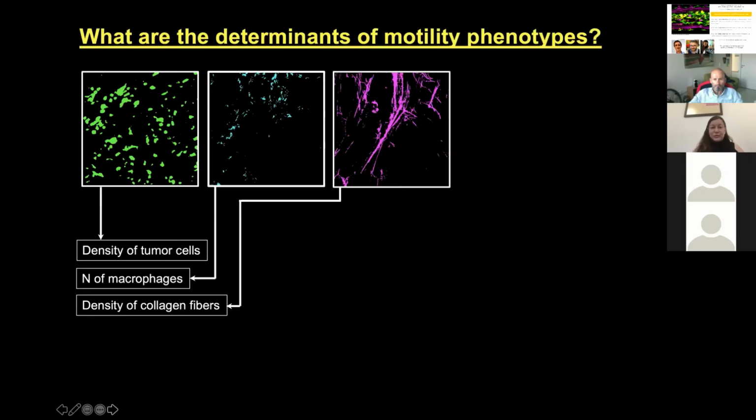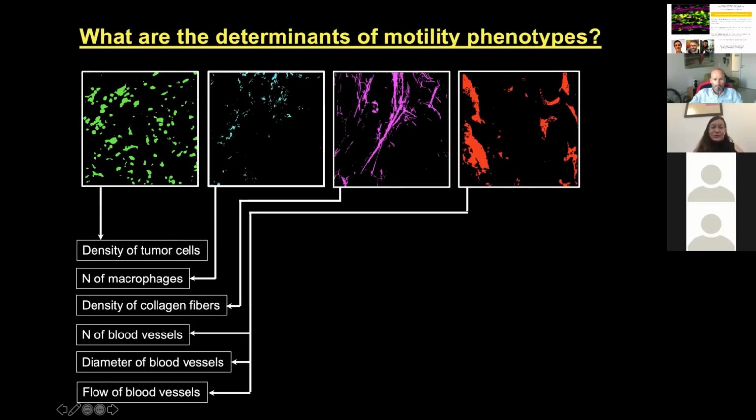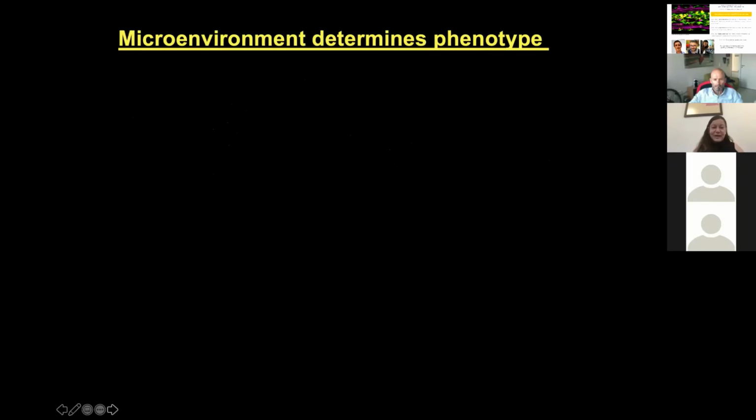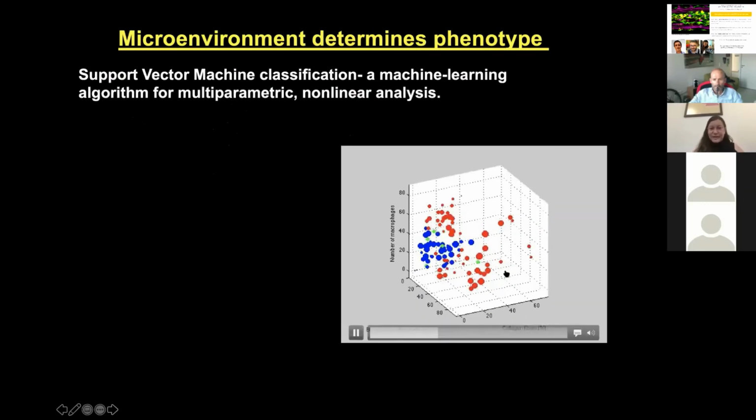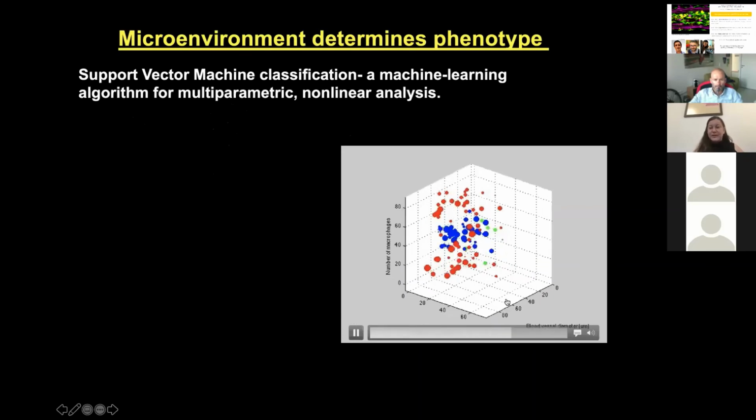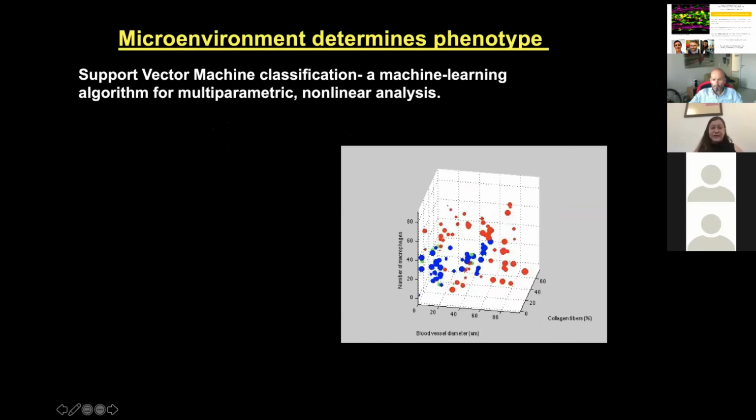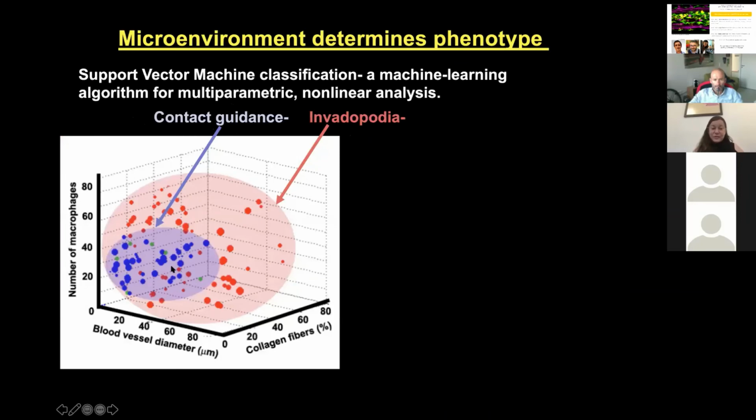So we looked into as many parameters as we could of the tumor microenvironment to figure out what's driving them and start doing the correlations like PCA analysis, causality analysis, tree analysis, and nothing worked until we started collaborating with systems biologists that showed us that nonlinear classification by machine learning can actually distinguish between the contact-guided cells and the invadopodia cells.